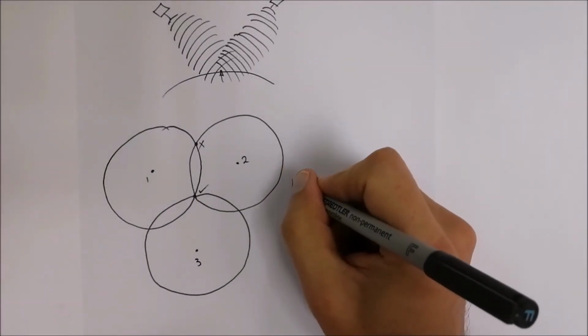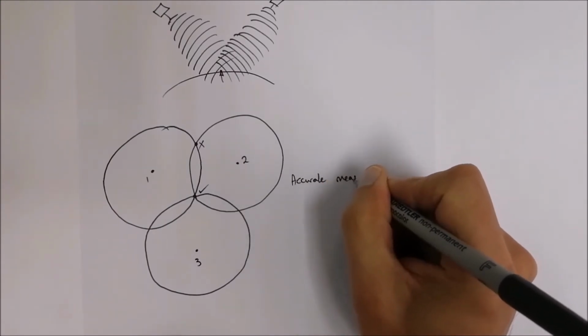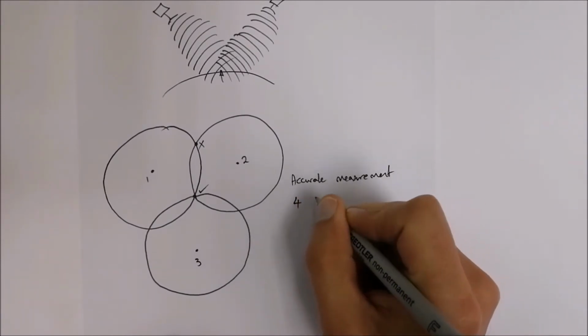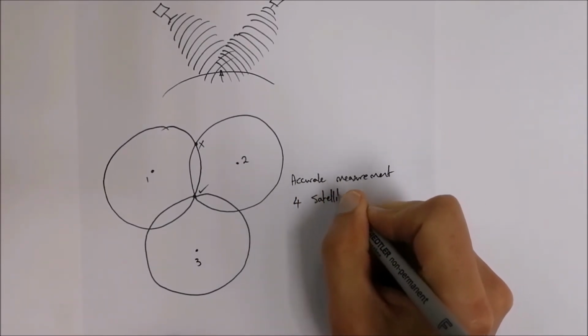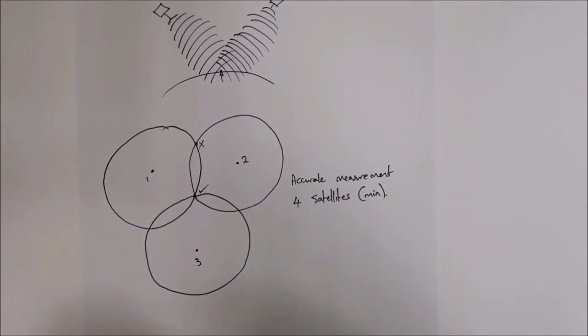So for an accurate measurement, you need to have at least 4 satellites as a minimum. Okay. The more satellites you've got, the better the accuracy can get, and therefore eliminate any errors that there might be, such as reflection off the buildings or so, like we've discussed.